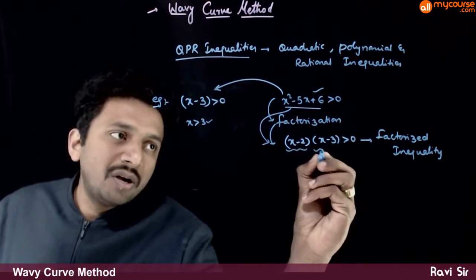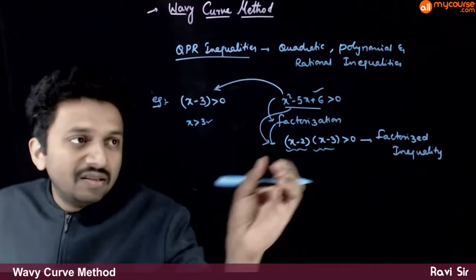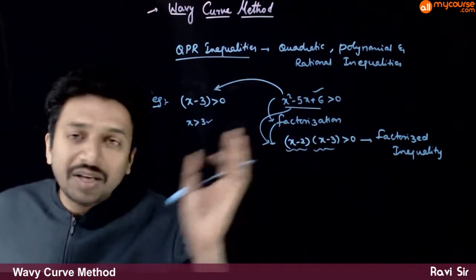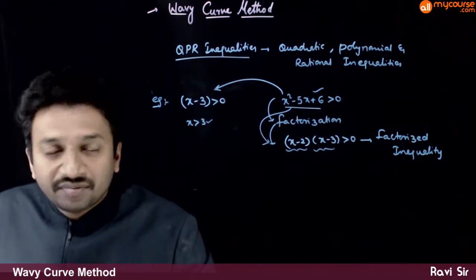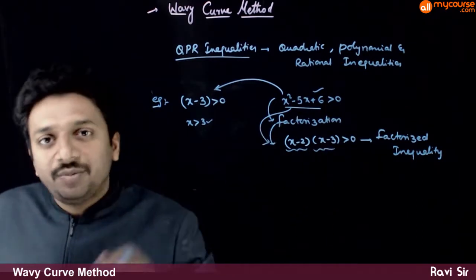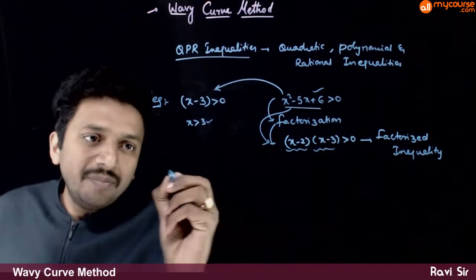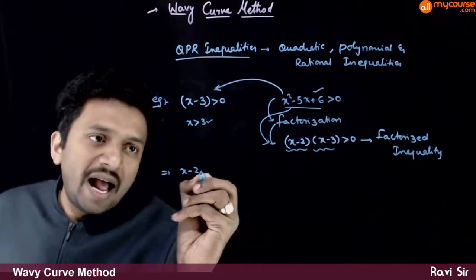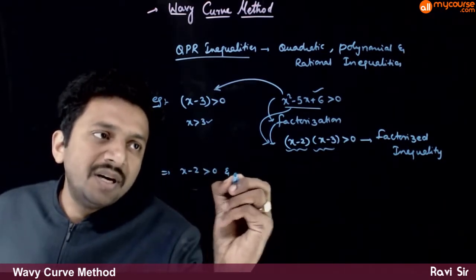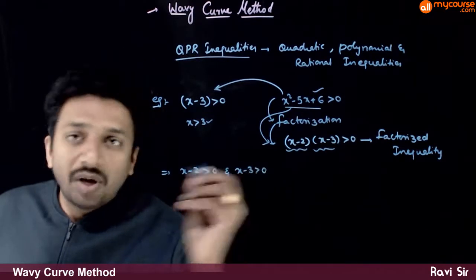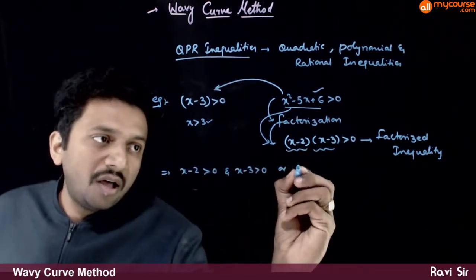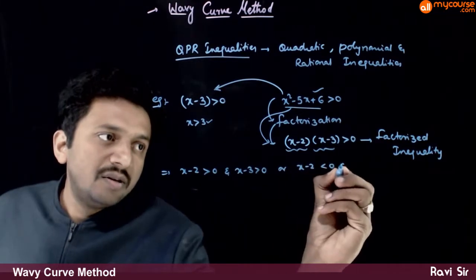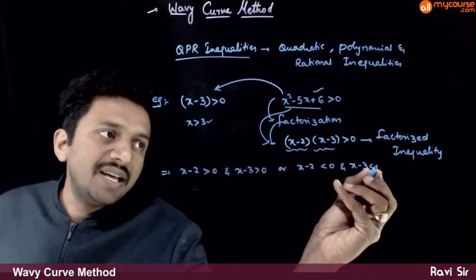This is a product of two numbers, x minus 2 into x minus 3. And the product of two numbers has to be positive. This implies either both the numbers are positive, or both the numbers are negative.